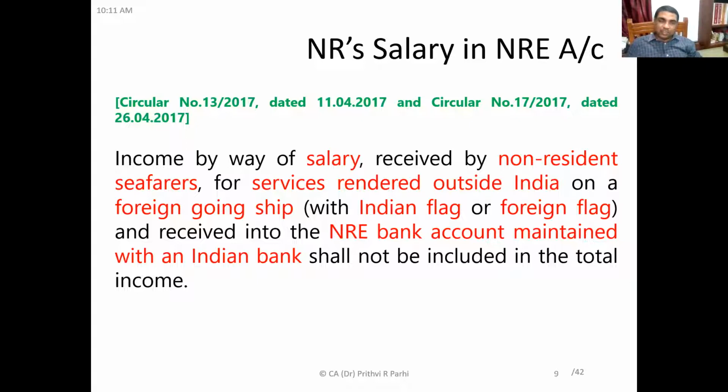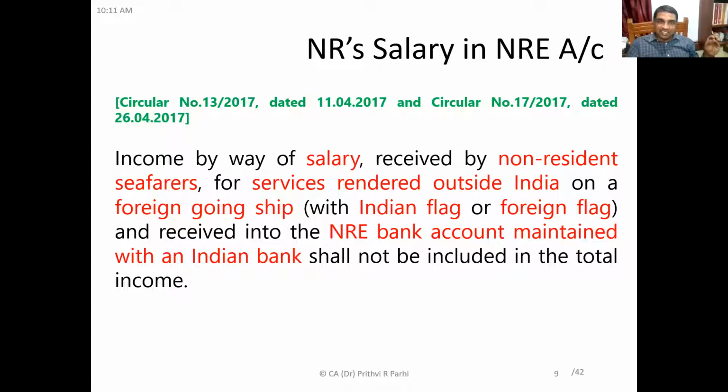The salary must not have been credited to some other account. It must have been credited to the NRE, non-resident external account, which is specifically important, with any Indian bank. Then it shall not be included in the total income.